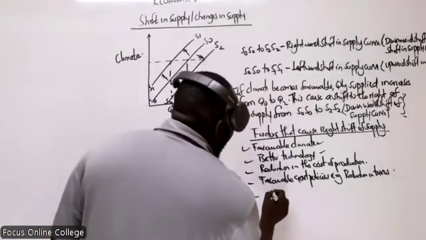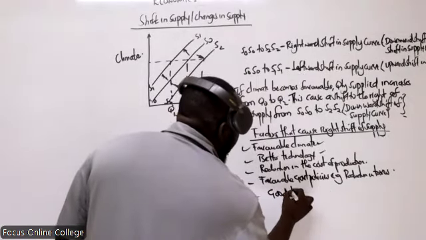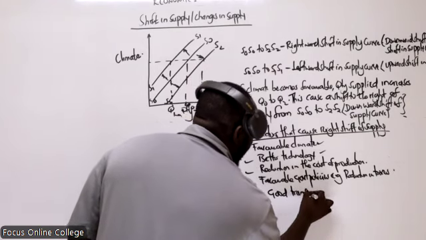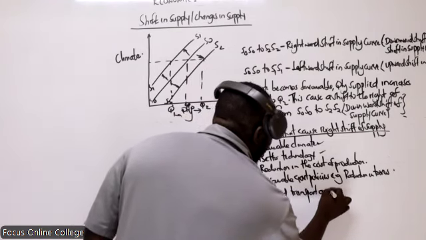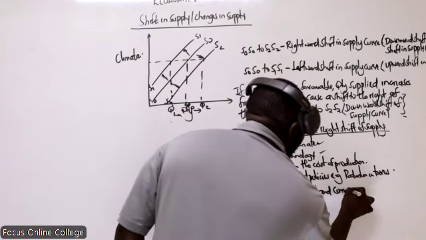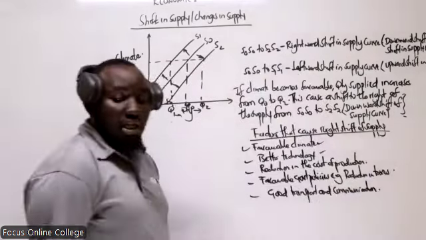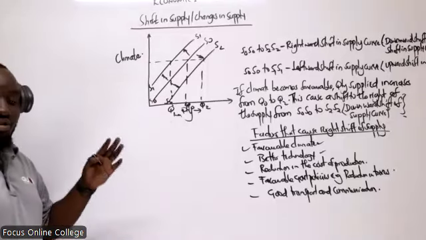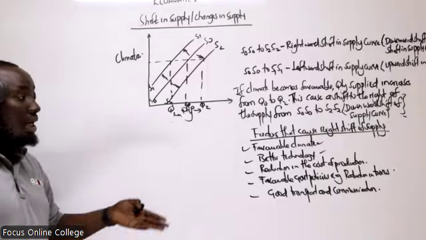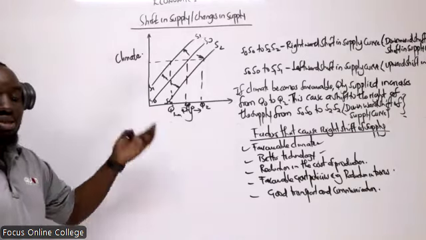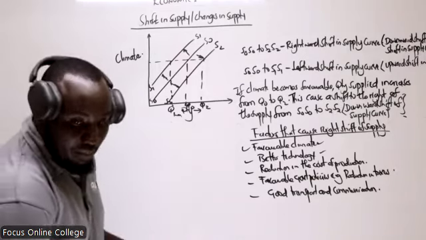Then you have also good transport and communication. When you have good transport and communication, that leads to a rightward shift, which results in increase in quantity supplied.